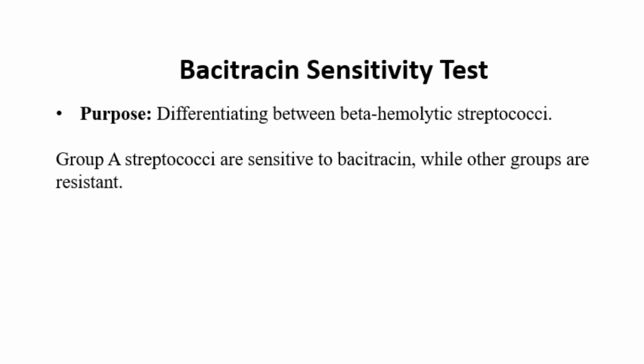Group A streptococci are sensitive to bacitracin, while other groups are resistant. Bacitracin is a peptide antibiotic produced by Bacillus subtilis. It inhibits cell wall synthesis and disrupts the cell membrane.